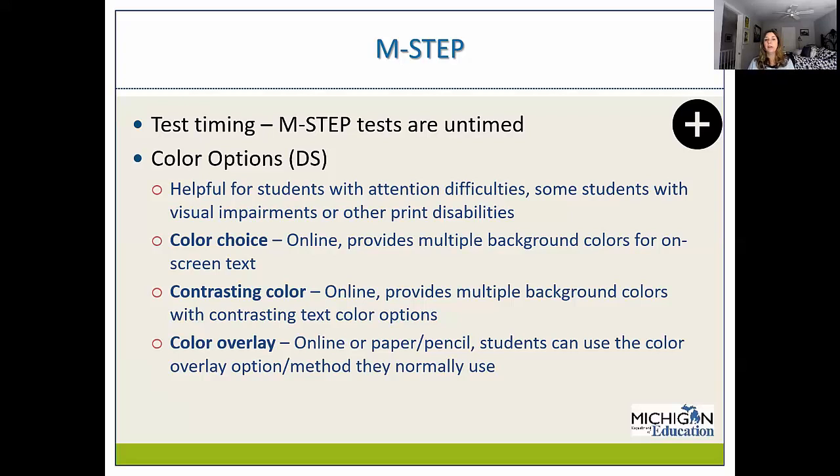Then, of course, for students that may need it, there is a color overlay option, which is not an embedded feature of the online test, but students can use whatever color overlay option they normally use, whether that's online or paper pencil. The 2 things on this screen that need to be enabled in the Insight engine itself are color choice and contrasting color.